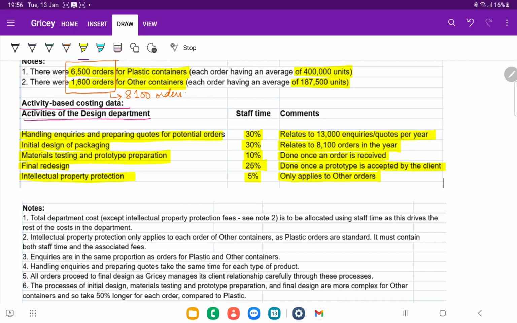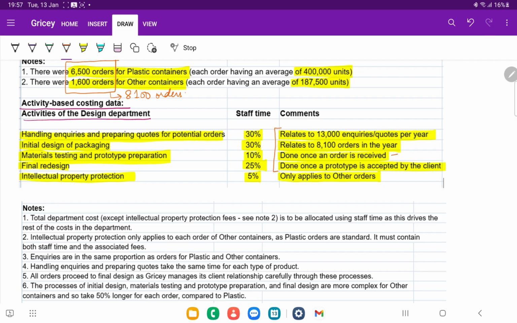So out of all these 100% cost, 95% is shared by both, while this 5% cost is only applicable to other orders, right? And the number of inquiries is given, the number of orders is given. Then they are saying that material testing and prototype preparation is done once an order is received.